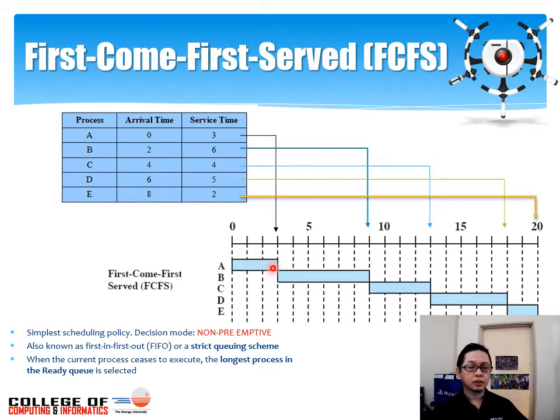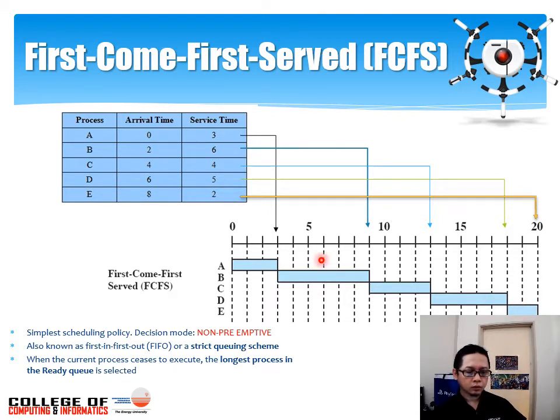This is the execution time for process A. Next, process B requires 6 service time with the CPU, so you use 1, 2, 3, 4, 5, 6 for process B. The next one is process C, which requires 4 service time with the CPU, so you have 1, 2, 3, 4. Following that, we have D, 5 service time. And lastly, process E, 2 service time.